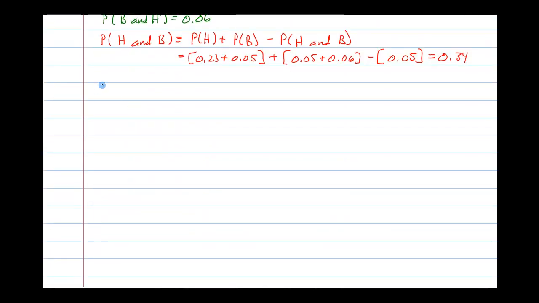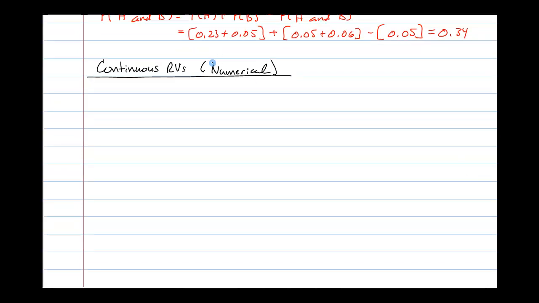Now when we talk about continuous random variables, we are talking about quantitative, and again RVs stand for random variables, quantitative or numerical values. Now we're already pretty familiar with these because we've talked about stem and leaf plots, box plots, etc. But when you have a continuous sample space, we have an infinite number of events.